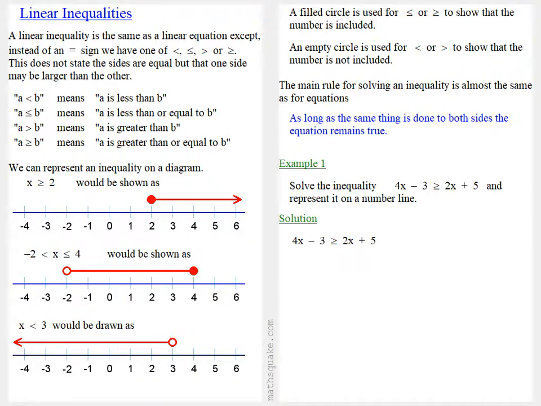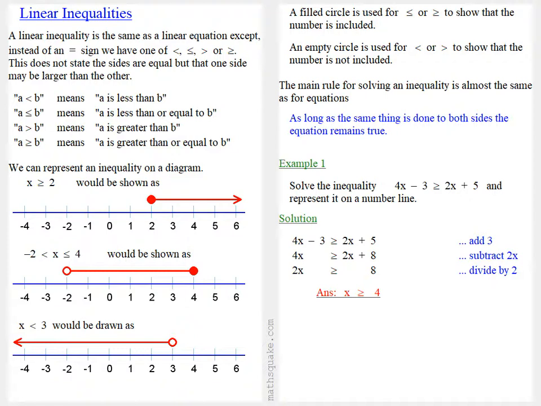Now we want to get x on its own on the left hand side, so to get rid of the minus 3 we'll add 3 to both sides, and that gives us 4x is greater than or equal to 2x plus 8. Now we don't want any x terms on the right hand side, so we'll subtract 2x from both sides. And that leaves us 2x is greater than or equal to 8. Now we'll divide by 2, in which case we have x is greater than or equal to 4.